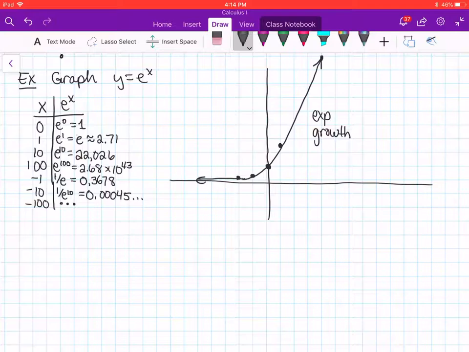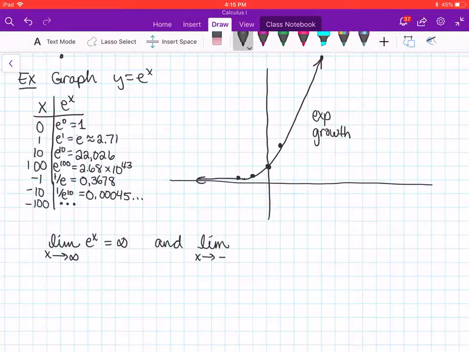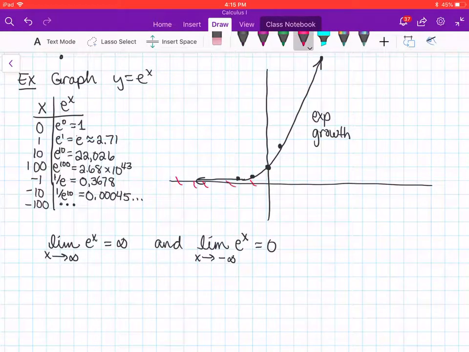We can also notice that the limit as x goes to infinity of e to the x is infinity, and the limit as x goes to negative infinity of e to the x is 0. So we still get that horizontal asymptote at 0.